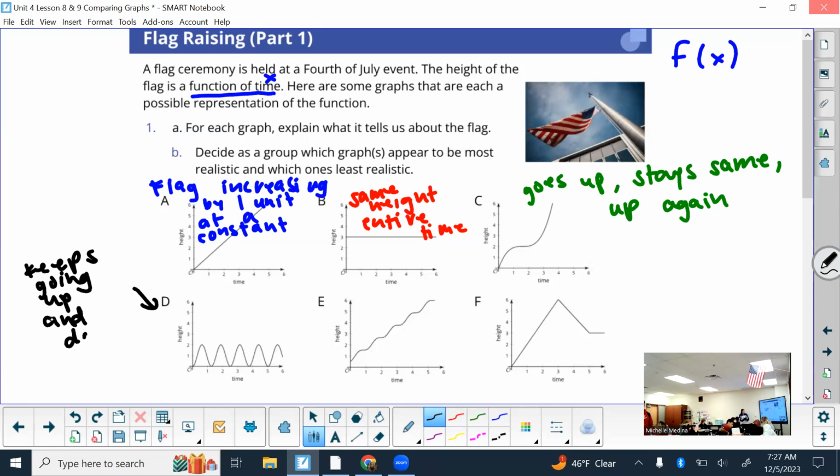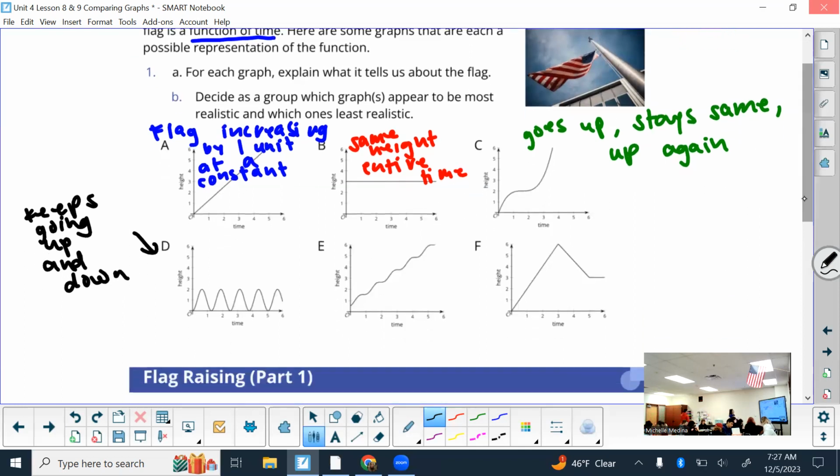All right, now graph E. Table 3, what's going on with that one, you think? It goes up. And then it stops and continues every measurement. Okay, it goes up, stops, and then repeats.